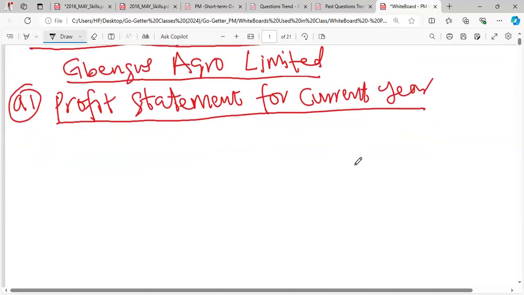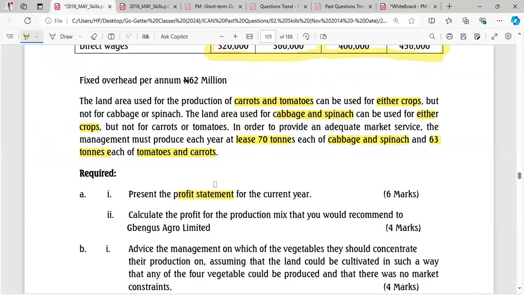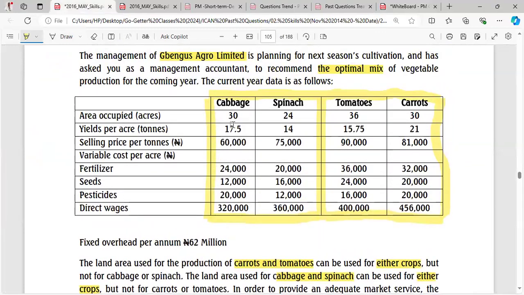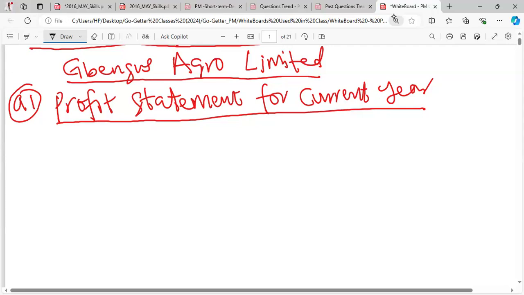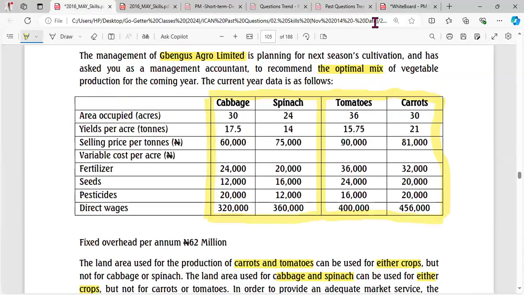We are going to abbreviate the names, so we'll not give them the full names, for the sake of space. For cabbage, we'll use CAB, spinach SPI, tomatoes TOM, and carrots CAR. So CAB, SPI. The next ones are TOM and CAR.